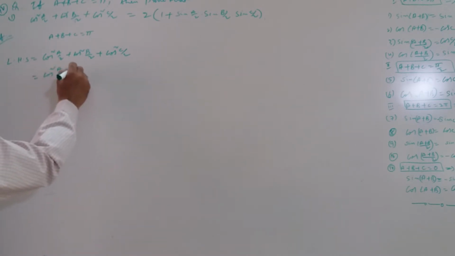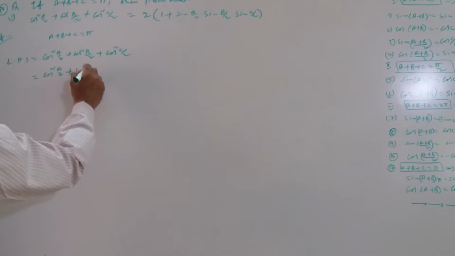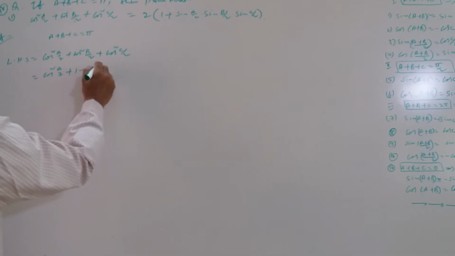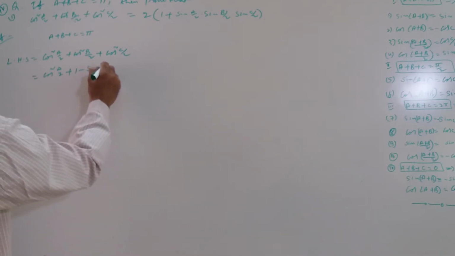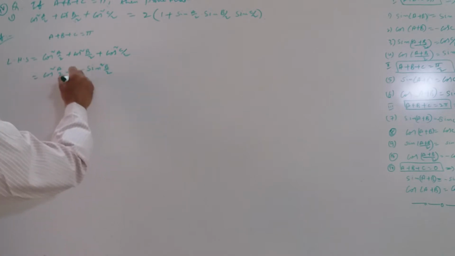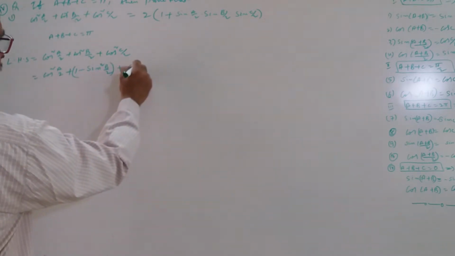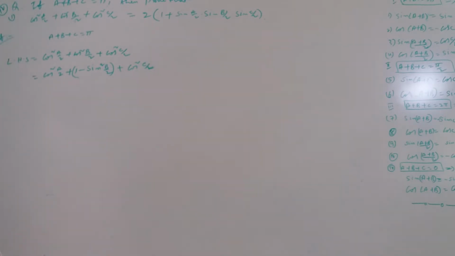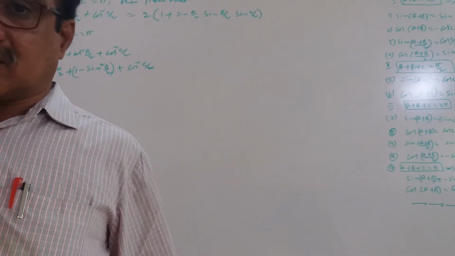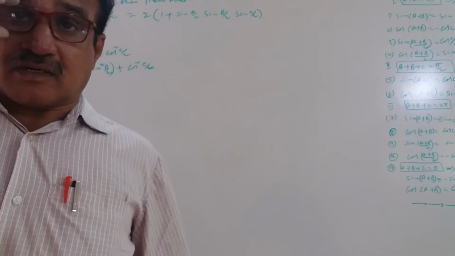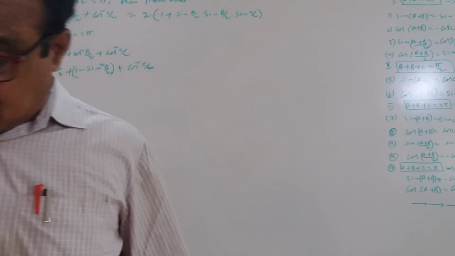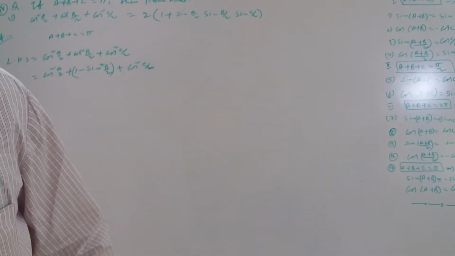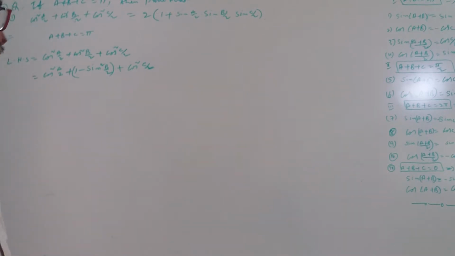by 2 plus 1 minus sin square b by 2, we can write, plus cos square c by 2. Since cos square theta plus sin square theta is equal to 1, that is cos square theta is equal to 1 minus sin square theta. In that way, we have to solve.